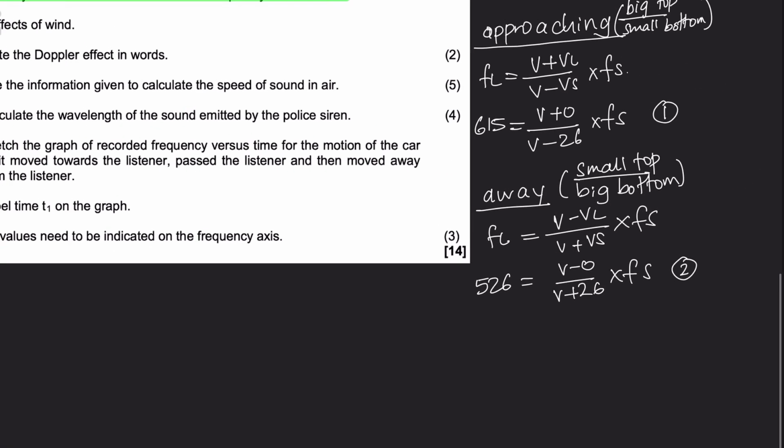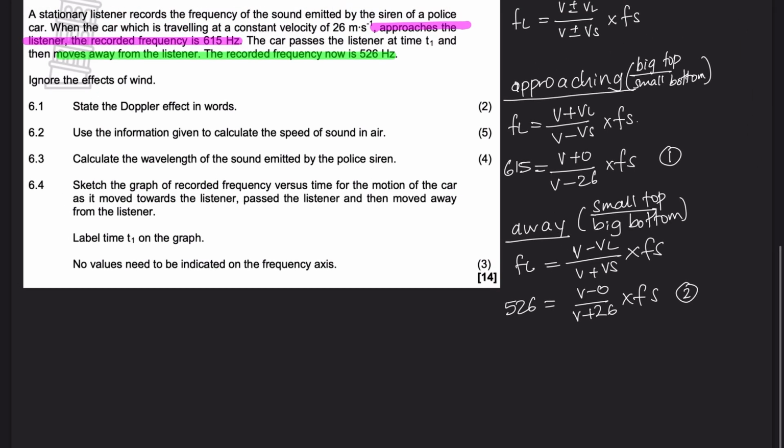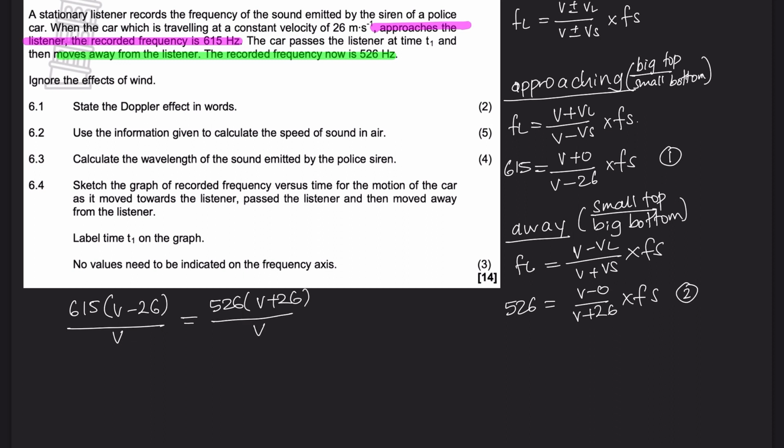Now, we can join them, we can solve in terms of Fs. We can say that 615 open bracket V minus 26 divided by V is equal to, because remember Fs is the same for both, 526 open bracket V plus 26 divided by V. Now the V's can cancel, you're going to get V equals 333,33 meters per second.